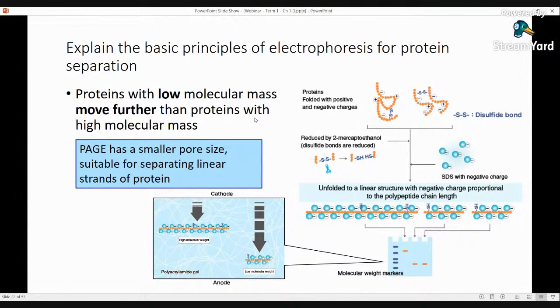Once the process is done, the proteins with low molecular mass move further than proteins with high molecular mass. So by using polyacrylamide gel electrophoresis, we are able to separate the protein.